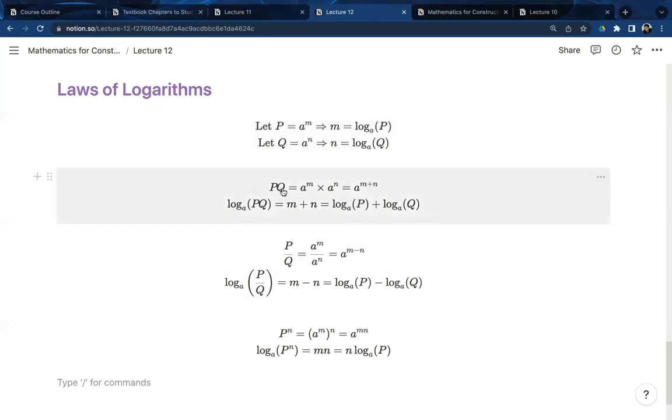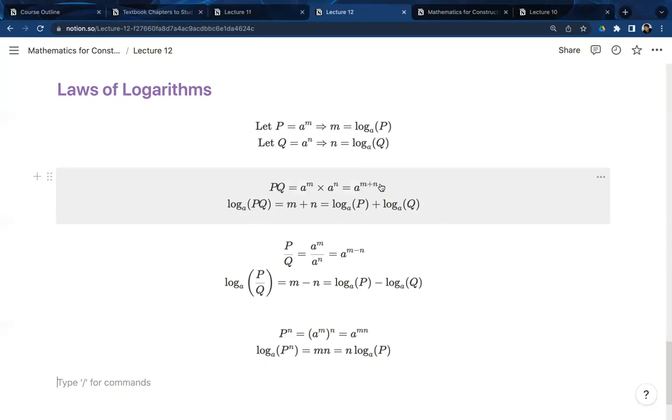Okay, so these two things shouldn't be too difficult to understand. If I multiply p by q, that is a to the m by a to the n, which from your laws of indices is a to the power m plus n. We add the indices, right? Now from this equation here, if pq is a to some power m plus n, then m plus n is the logarithm of pq to base a, okay?